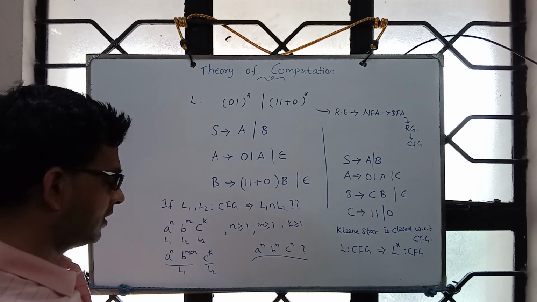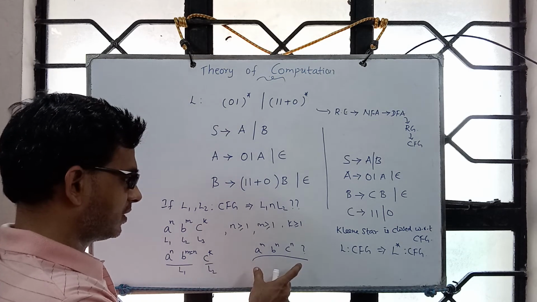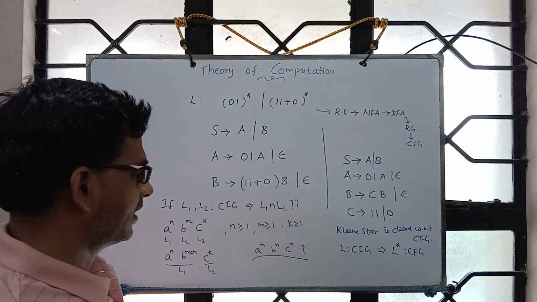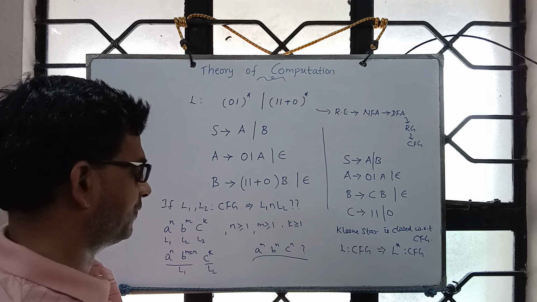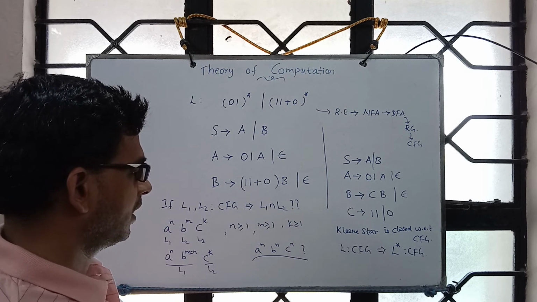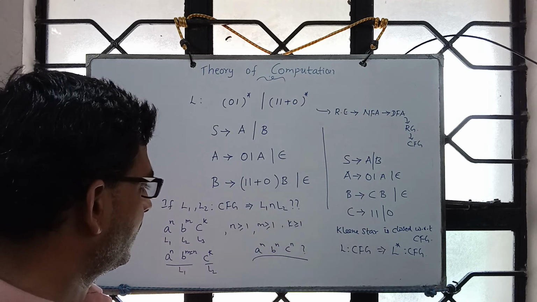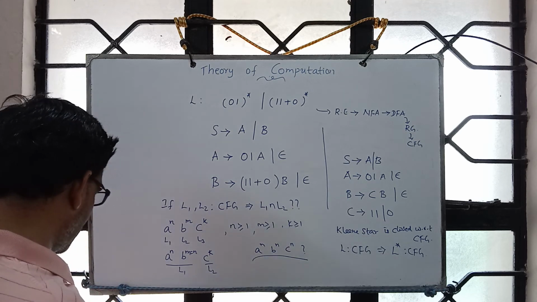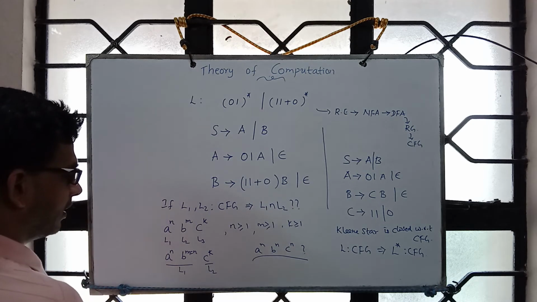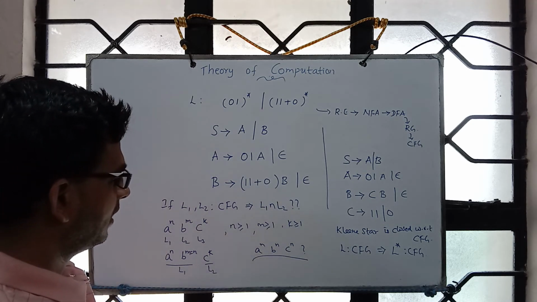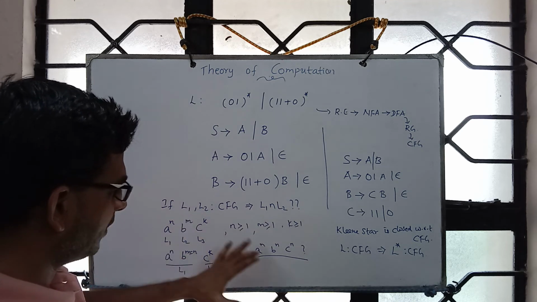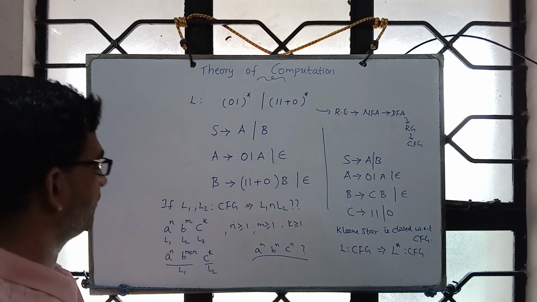But to start with, the simplest one is this: is A power n, B power n, C power n context free? Okay, so think about this. Then we will look at other related questions which will have some flavor of this.